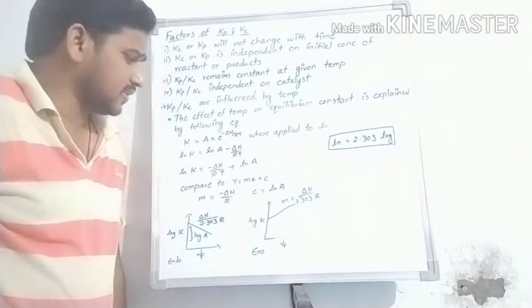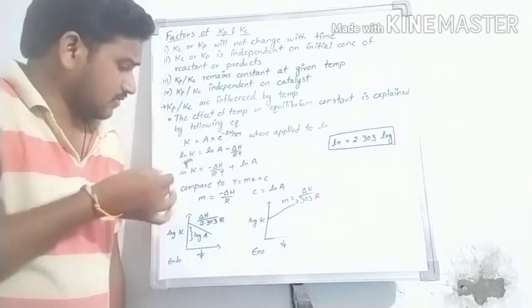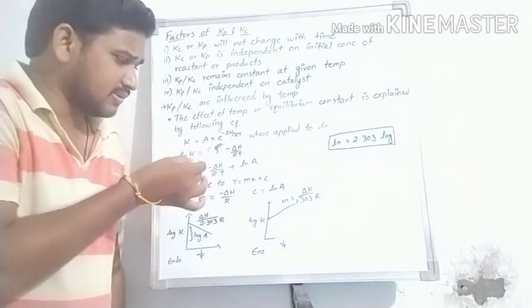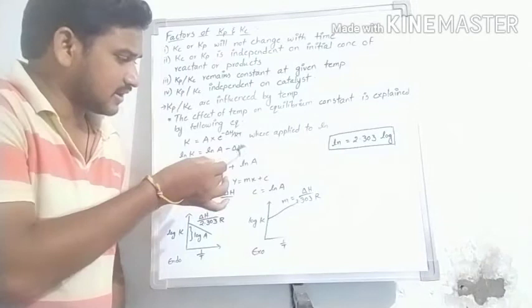Applying ln, ln K is equal to ln A minus delta H by RT.